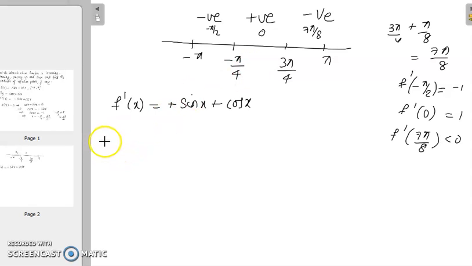So therefore f dash is positive in the interval minus pi by 4 to 3 pi by 4.